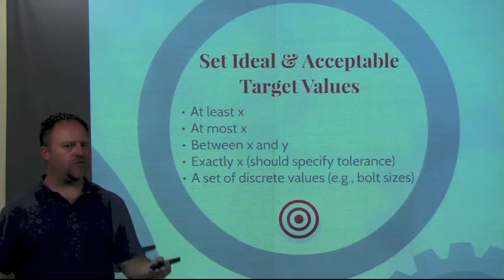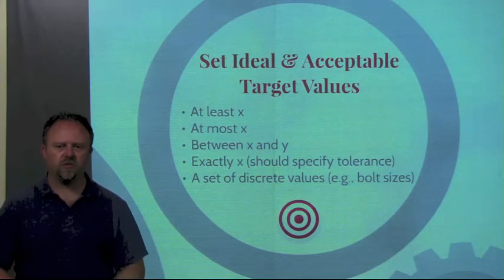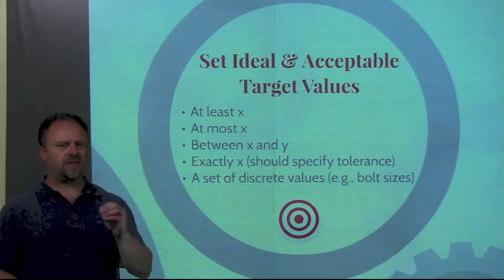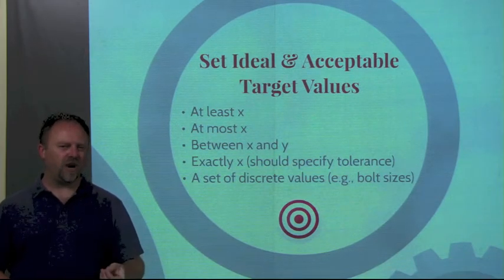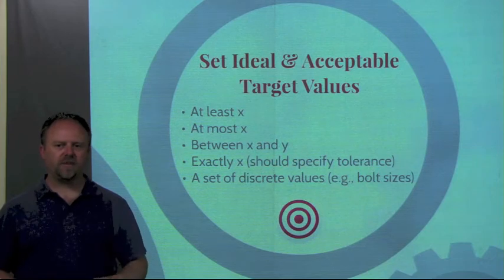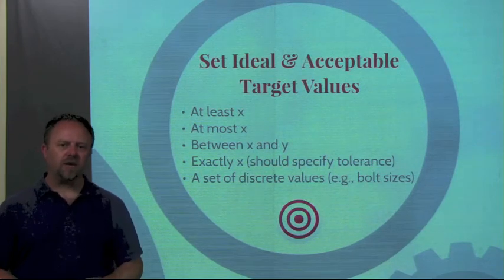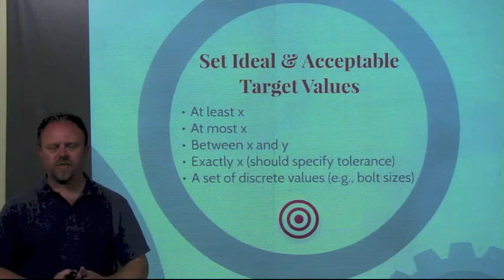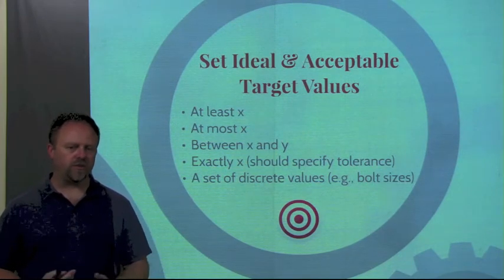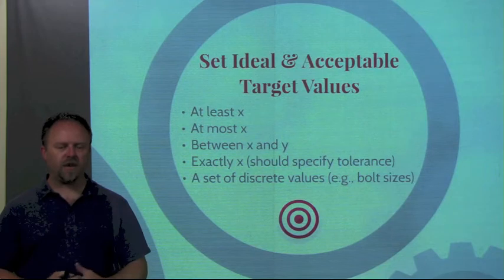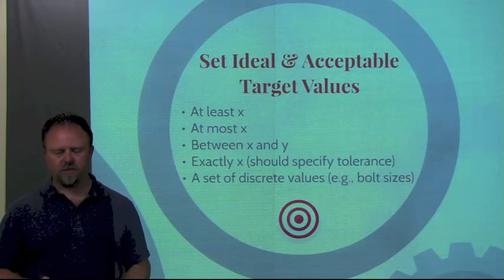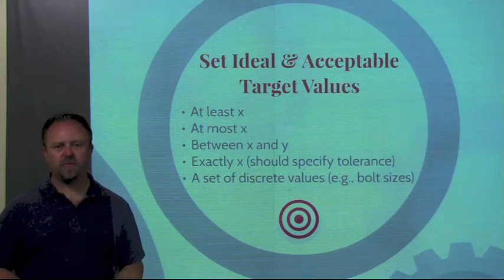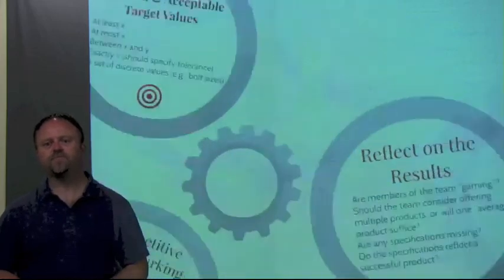It could give a range of values between two target values, or we could specify an exact value. Usually hard to do that. Usually we have some type of tolerance on there. Or maybe it could be a discrete set of values, such as when we're using standard size things like bolts or other components that you buy off the shelf. We want to make sure that our design will be able to use those.